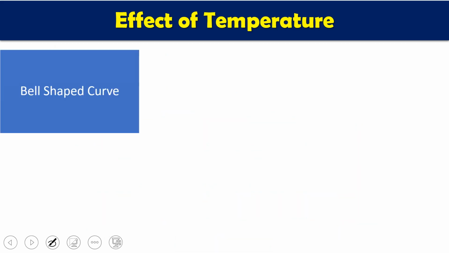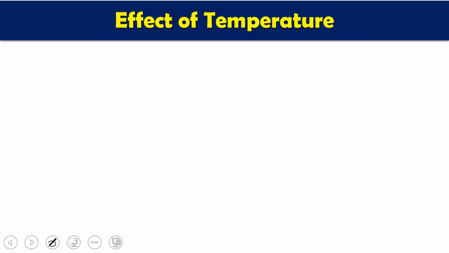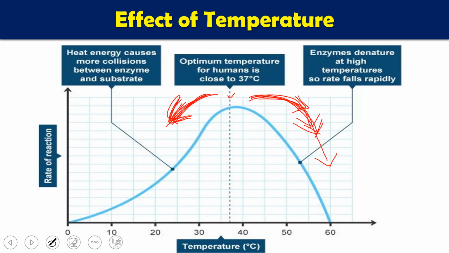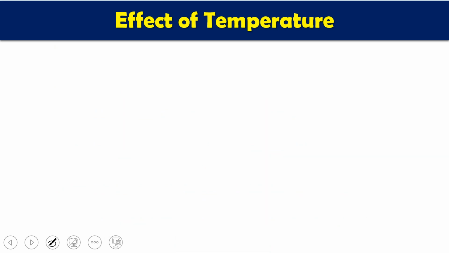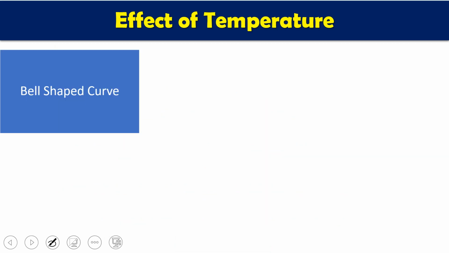Now, whenever we see the graph of temperature versus rate of reaction, you can see here this graph is normally a bell-shaped structure. Every time we plot a graph between rate of reaction and temperature, we get a bell-shaped curve.